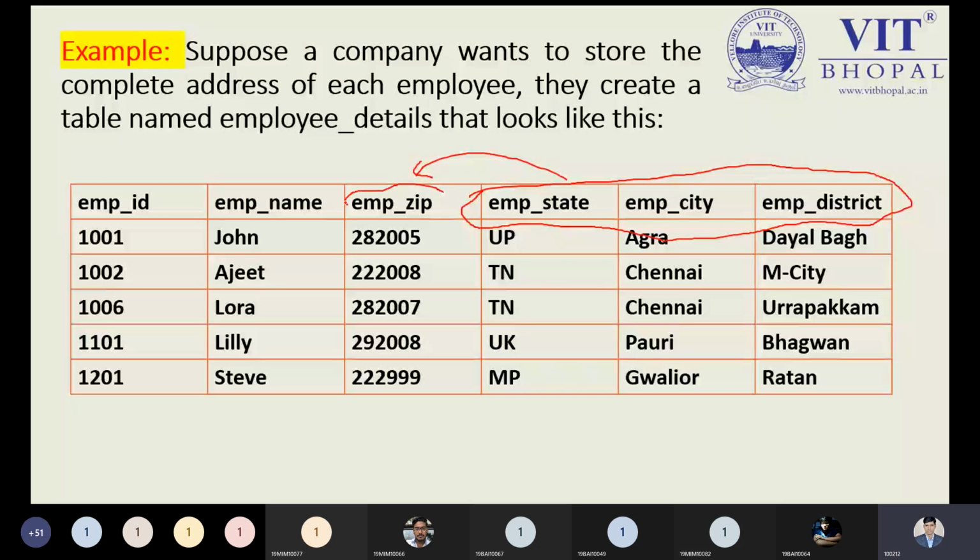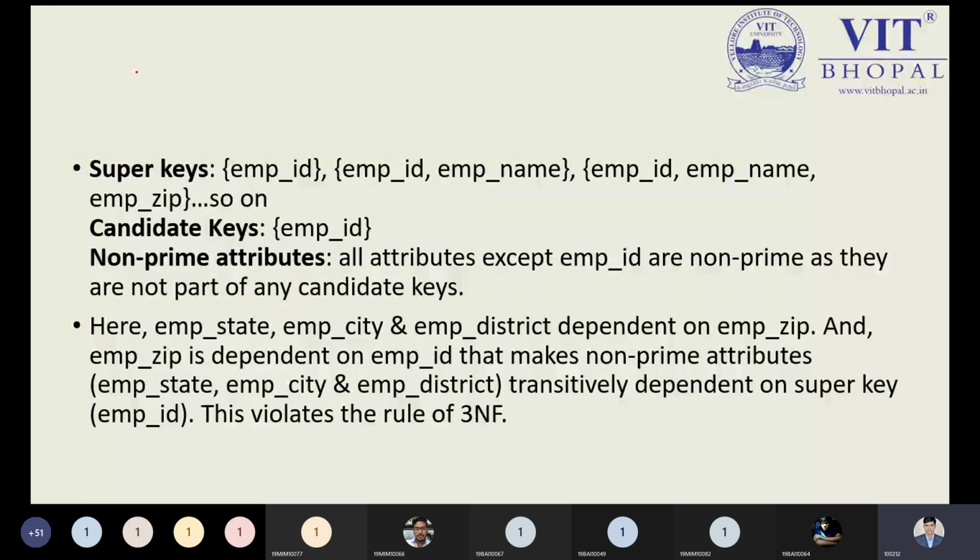And employee zip depends on the employee ID to find the employee name and details, and to determine whose city the employee belongs to. So definitely we have this dependency. Now the super key we can find just like the previous example.